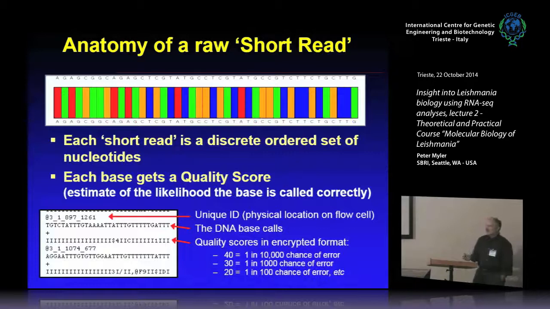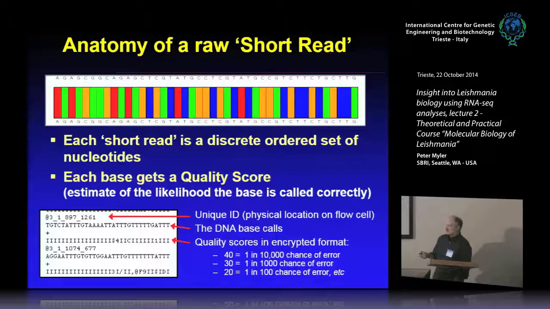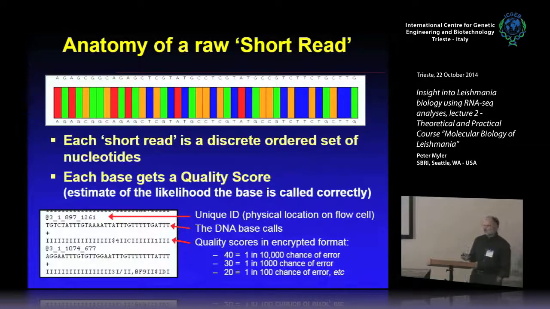In this particular case, I means that this quality score was probably 40, which has a 1 in 10,000 chance of error. So that's a very good quality, whereas the dollar sign and the 4 have a slightly lower quality. I haven't memorized these encrypted quality scores, but the software will read this for you, so you don't need to actually look at these.